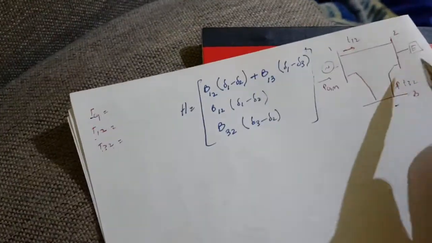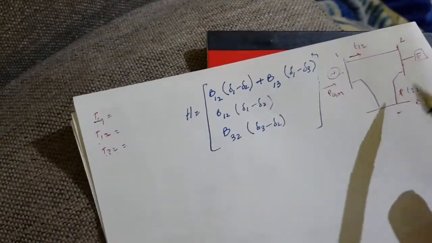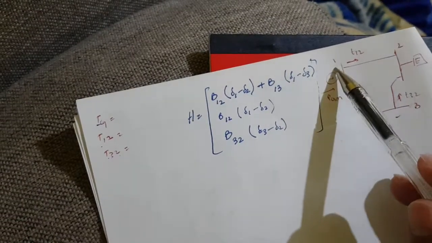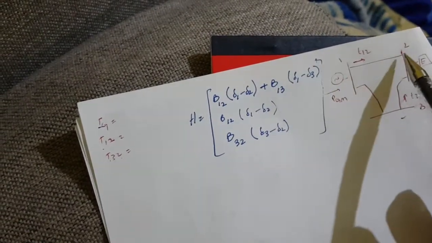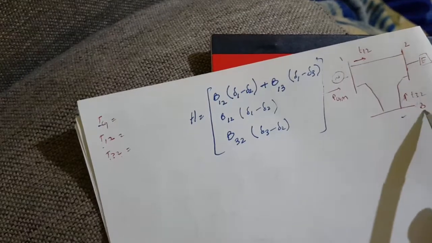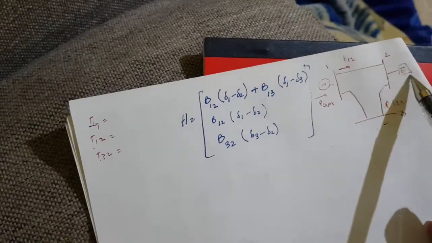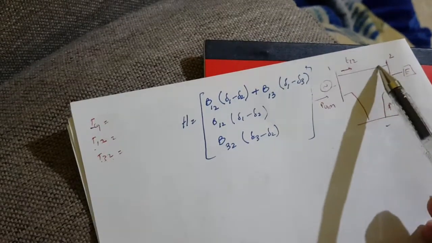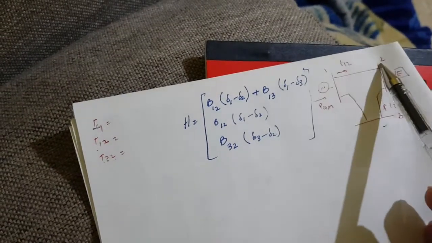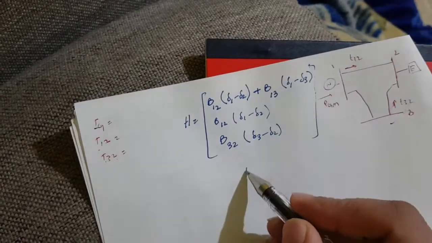Here the next question is you have to find what is the slack bus. Bus 1 is slack bus, or bus 2 is slack bus, or bus 3 is slack bus. And you know that where the external grid is connected, we consider that as a slack bus. So in this case we will take bus 2 as a slack bus.